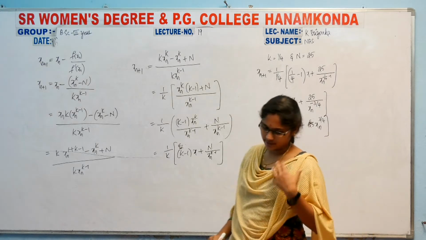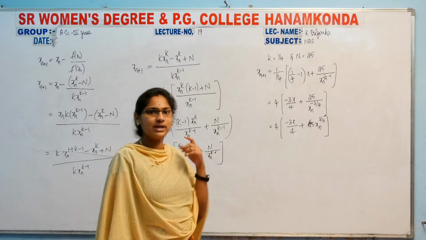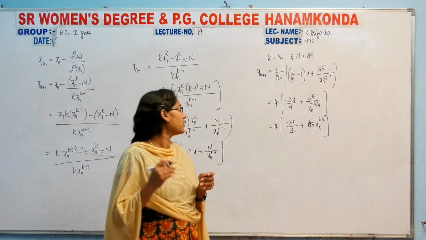This is nothing but the required value. Now you have to put the value of n equal to 0, 1, 2, 3, 4 and so on. Okay?